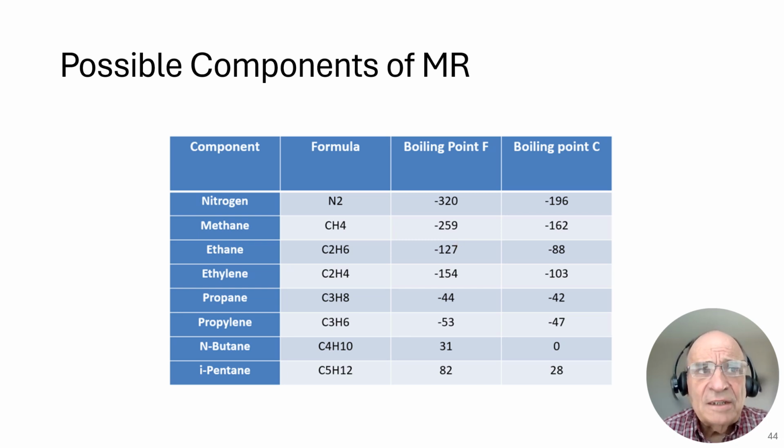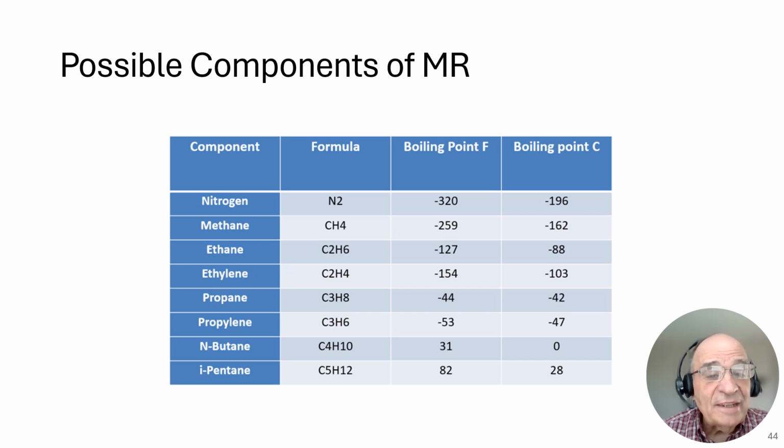So if you're having a pre-treatment, pre-cooling, I should say, of the MR, like we did earlier, we brought it down to minus 30 degrees. Your typical composition would be nitrogen, methane, ethane, and propane. If you're using an ambient condenser for your MR, then you'd also have isopentane and propylene, and ethylene in your mixture, along with methane and nitrogen.